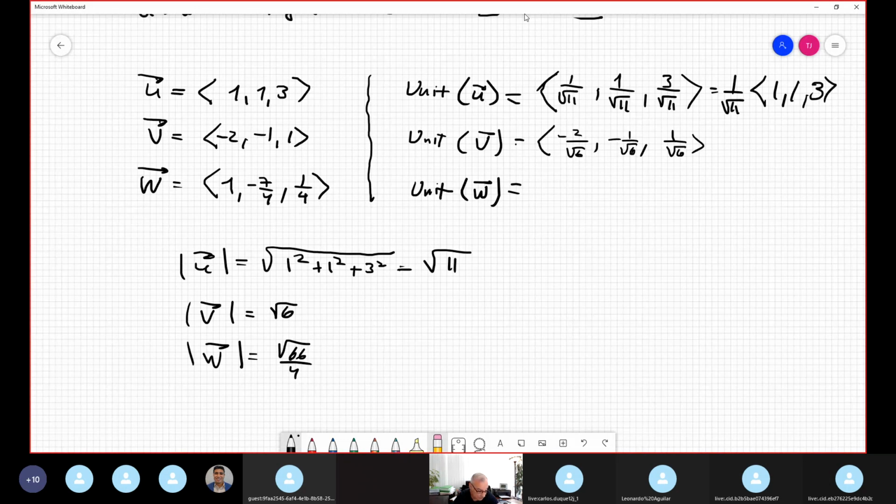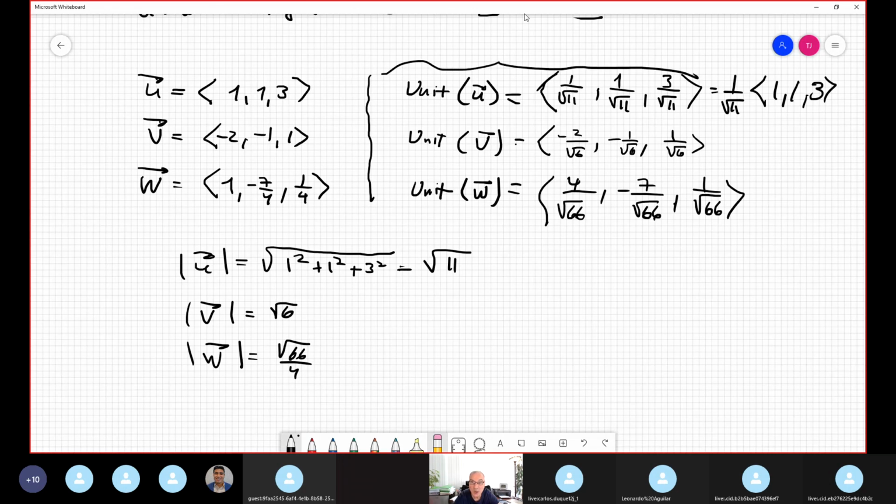When you divide that, you get 4 over radical 66, negative 7 over radical 66, 1 over radical 66. And the final answer is the orthonormal basis. And this was just the orthogonal vectors.